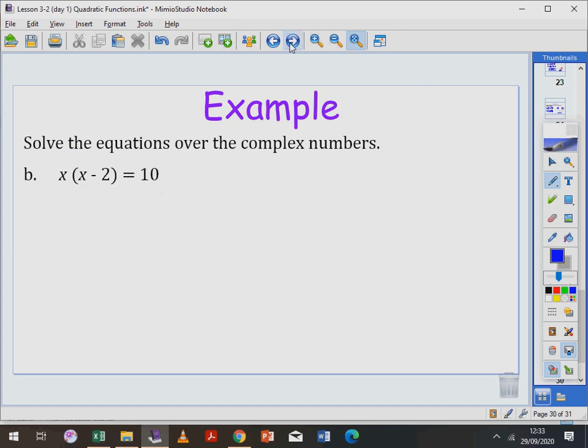Another one is here. x into x minus 2 is equal to 10. If I expand it, x squared minus 2x is equal to 10. I like completing squares, so that's x minus 1 squared minus 1 equals 10, which is x minus 1 squared is equal to 11.